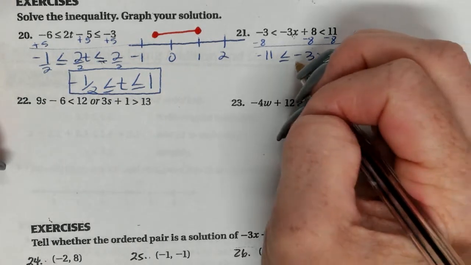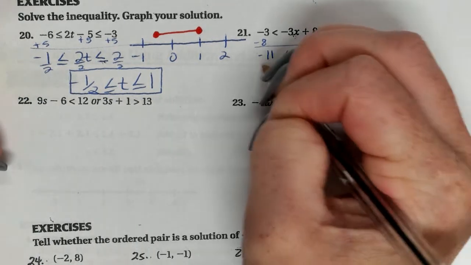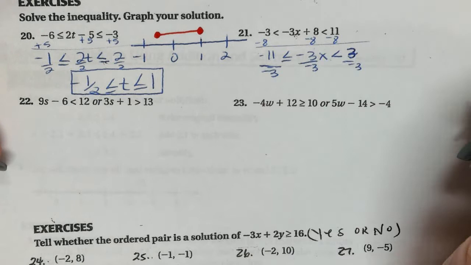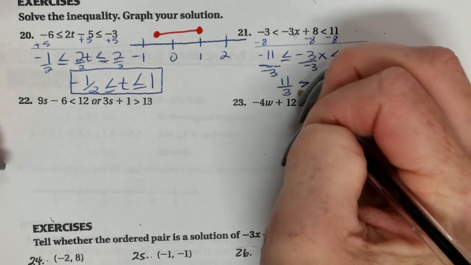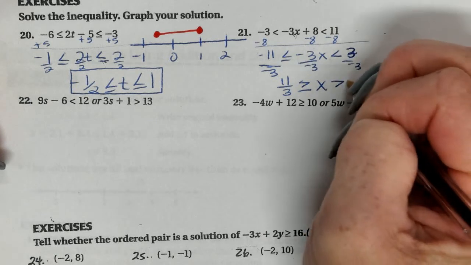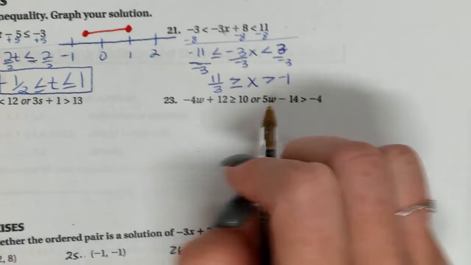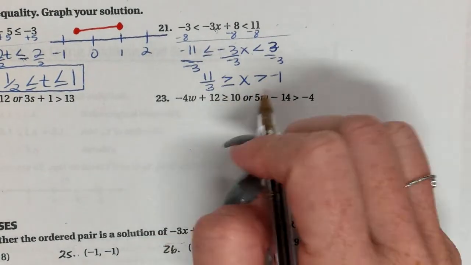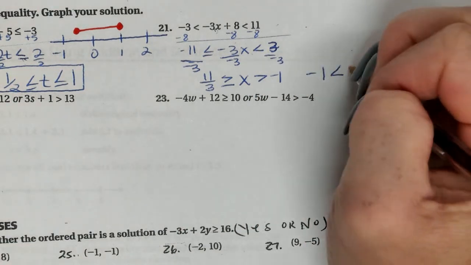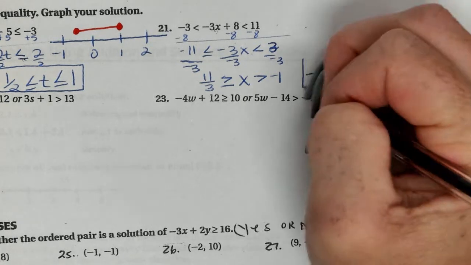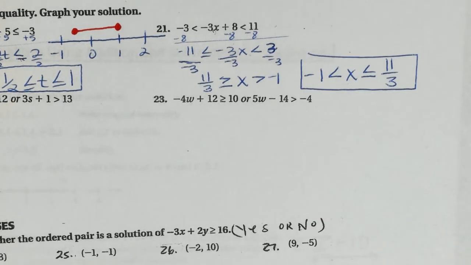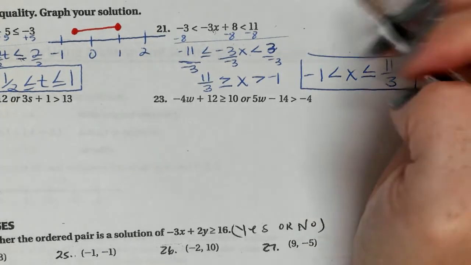My signs need to flip. All right, so I have positive 11 thirds is greater than or equal to x, which is greater than negative 1. I don't like it like that. I like it from least to greatest. So I have negative 1 is less than x, which is less than or equal to 11 thirds, and that's my answer. I go put this on a number line.